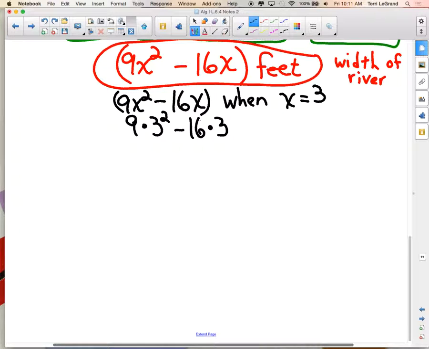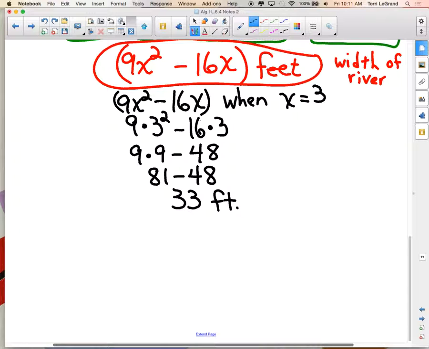No, 3 squared times 9. 3 squared first, so it's going to be 9 times 9 minus, what's 3 times 16? 48, okay. And 9 times 9 is 81. And 81 take away 48 is 33 feet.